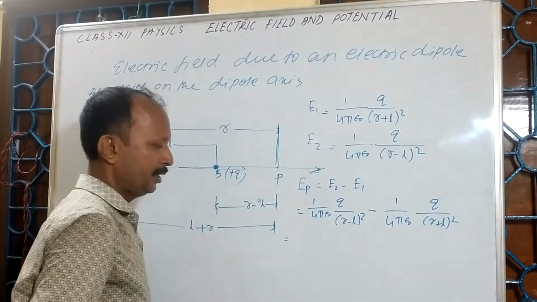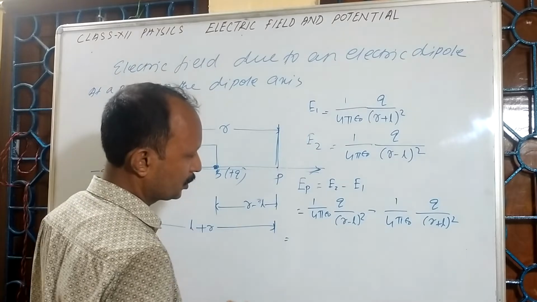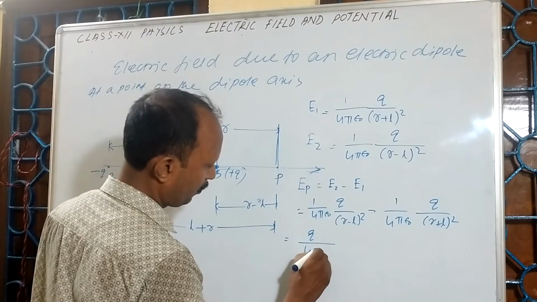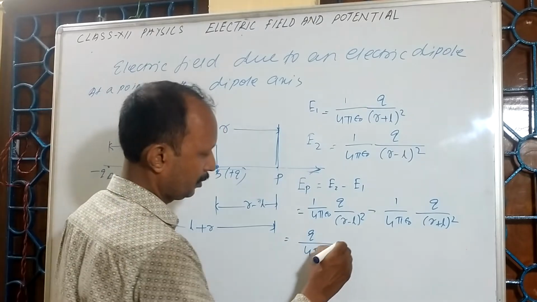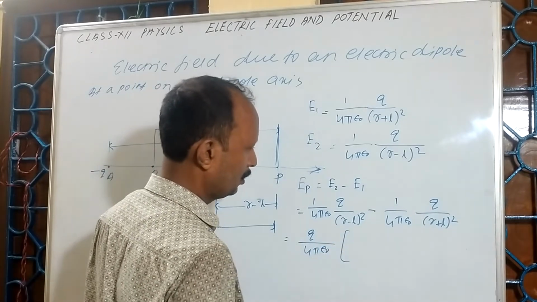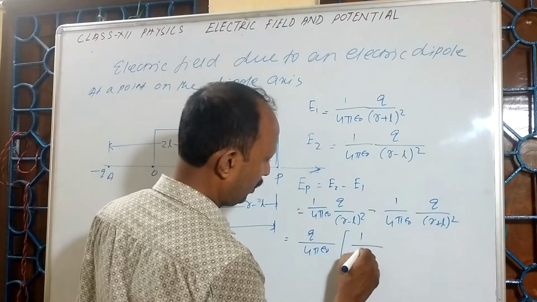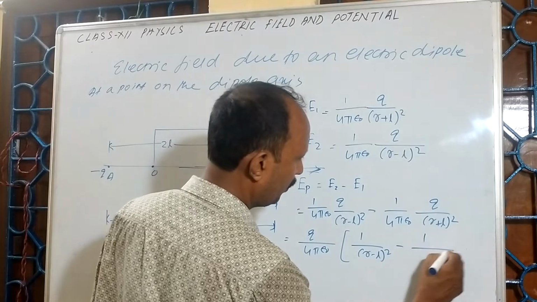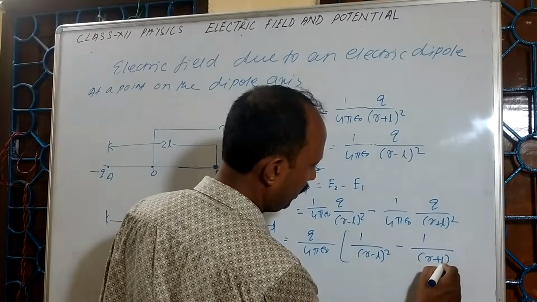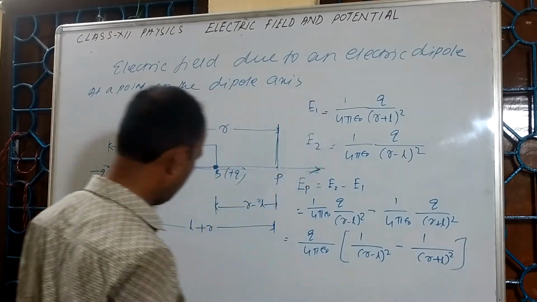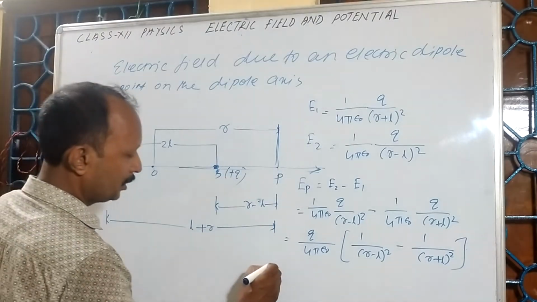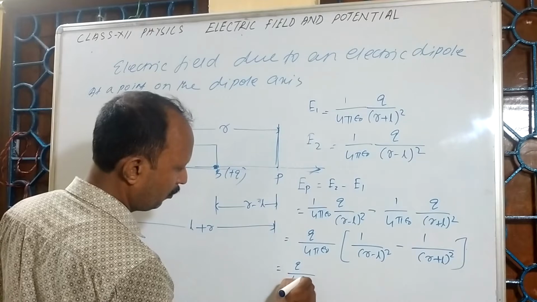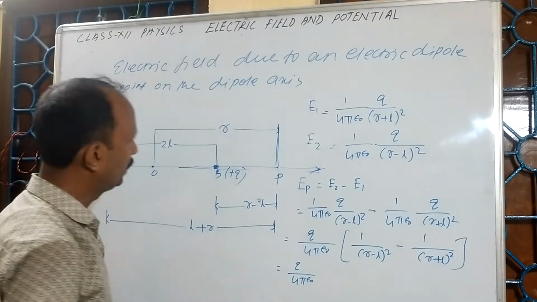So I can take common how much? I can take common Q upon 4 pi epsilon naught, this is 1 upon r minus L square minus 1 upon r plus L square. So this is equal to Q upon 4 pi epsilon naught.